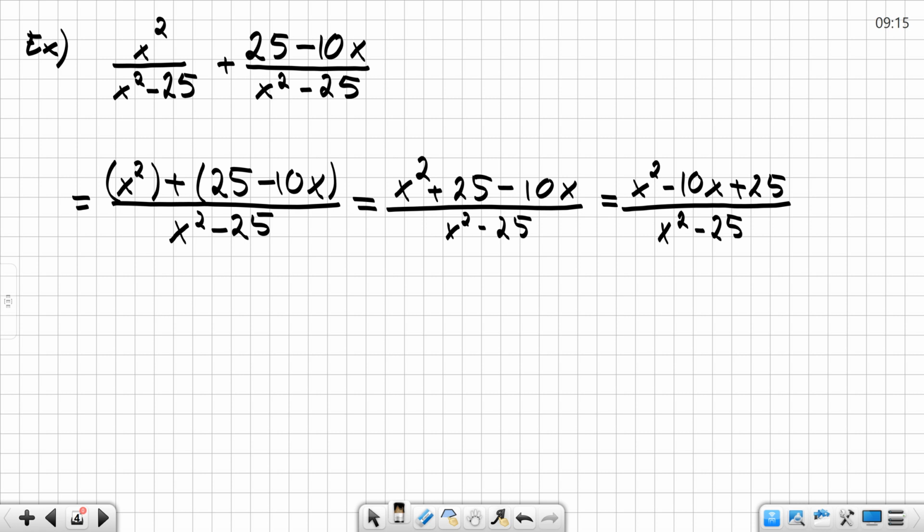So I have x squared minus 10x plus 25 in the top, and I have x squared minus 25 in the denominator. Now what I can do, and you see now why we have practiced factoring before, the numerator is nothing else but (x minus 5) times (x minus 5). And the denominator, that was the difference of two squares, that is (x plus 5) times (x minus 5).